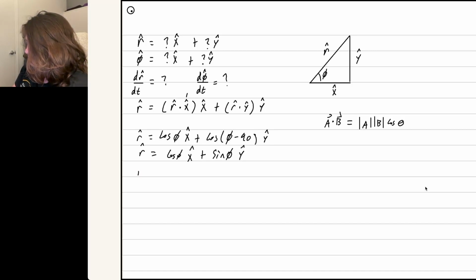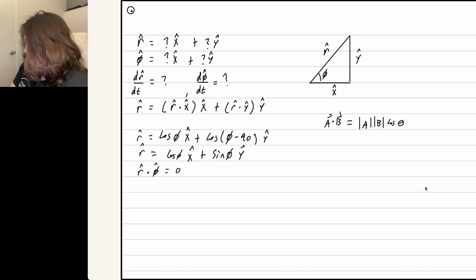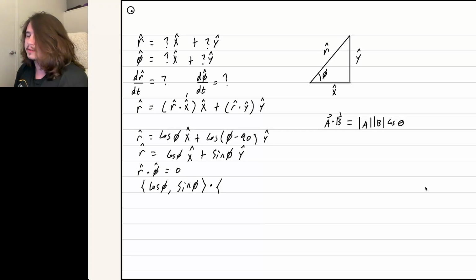Now we need to find what phi hat is. For that, we can use a couple different relations. The first is that r hat has to be perpendicular to phi hat. So r hat dot phi hat is equal to 0, which means if we know r hat in terms of x and y, we can write it in vector form, cosine phi, sine phi, and when you dot that with phi hat, which can also be represented in x hat and y hat with some unknown coefficients phi x and phi y, that will be equal to 0.